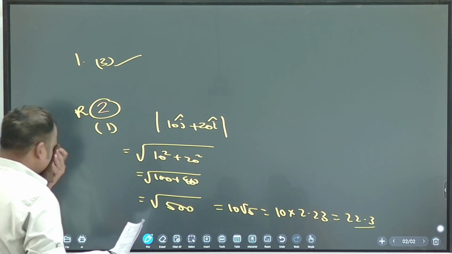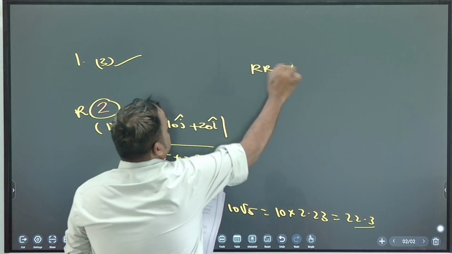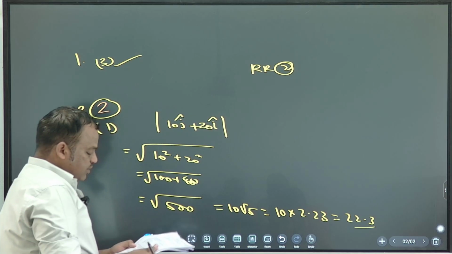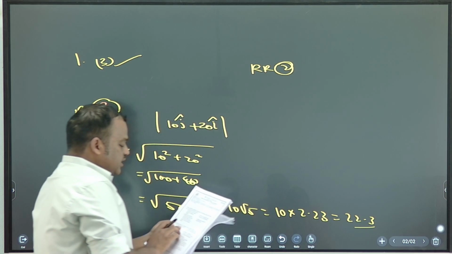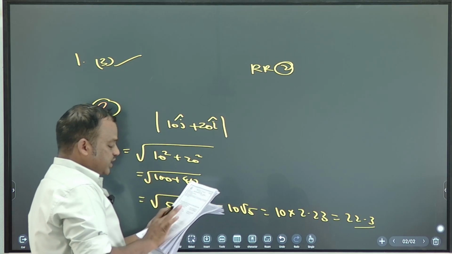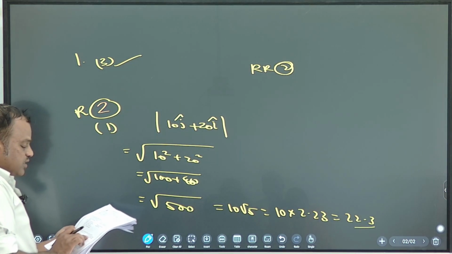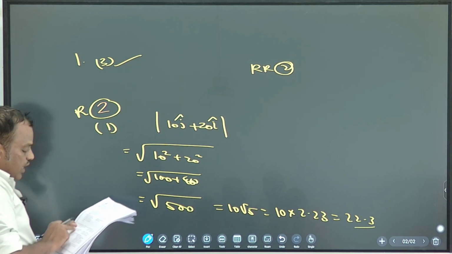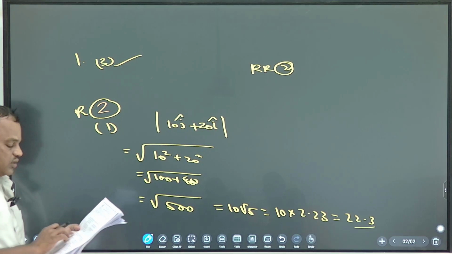Now re-repeater question number 2. Inertia is the property of body by virtue of which body is unable to change by itself the state of rest, unable to change by itself the state of uniform motion, unable to change by itself direction of motion. So all three are correct.